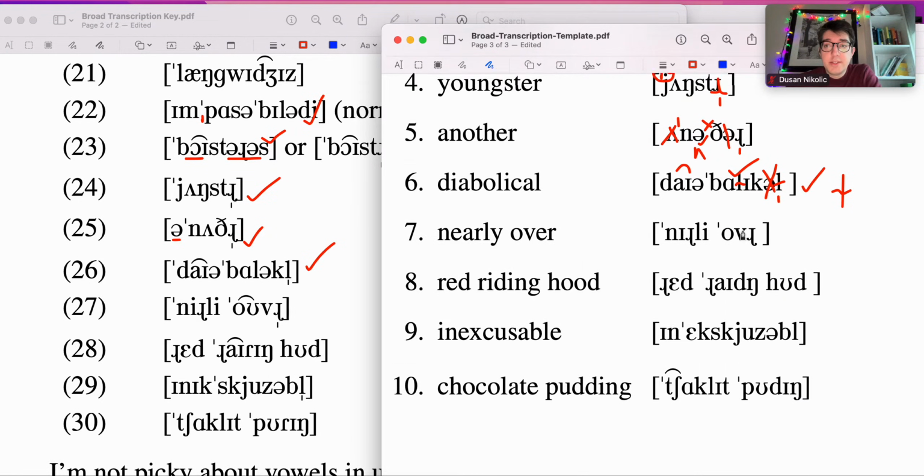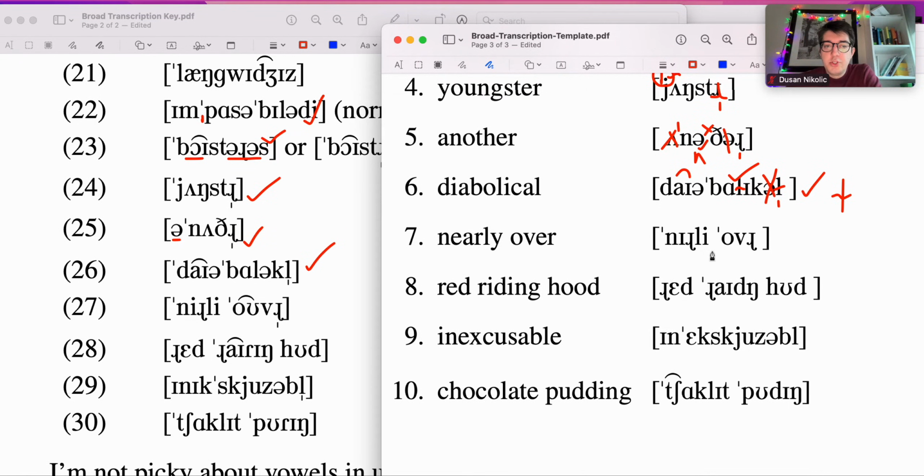Nearly over. This video is nearly over. In general, I'm okay with this. I think this should be a different vowel, not E. It's not nearly over. And here definitely there is, I'll show you right now. Over: O is the first syllable, ver would be the second syllable without the schwa.